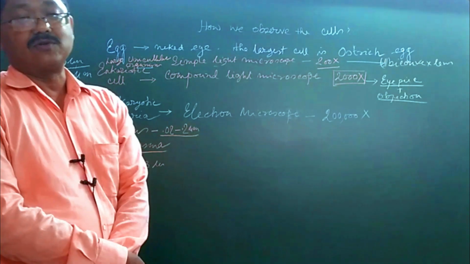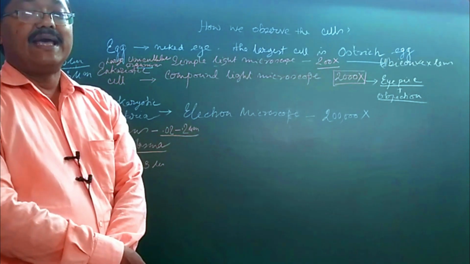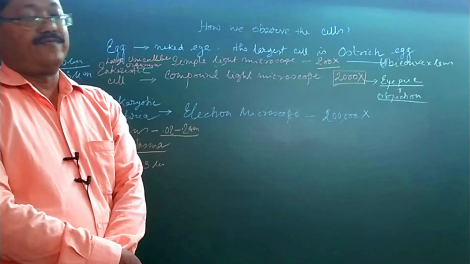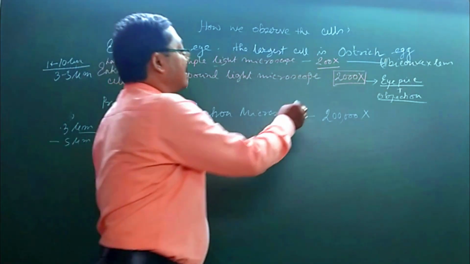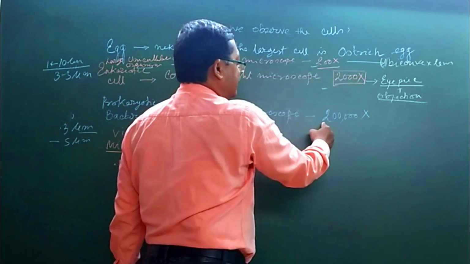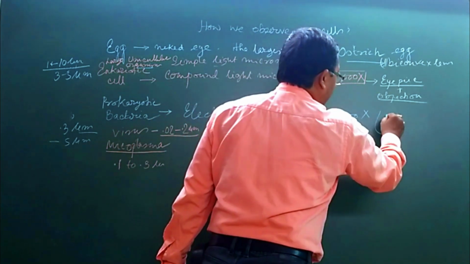In the electron microscope, generally an electron gun is used. Here light is the source in the other microscopes, but here the source is the electron source.